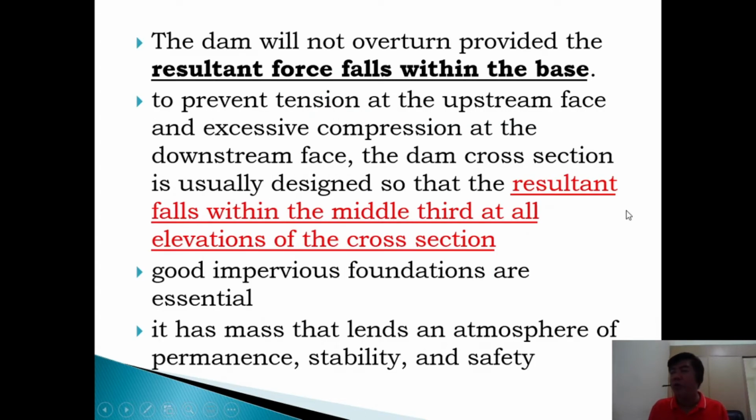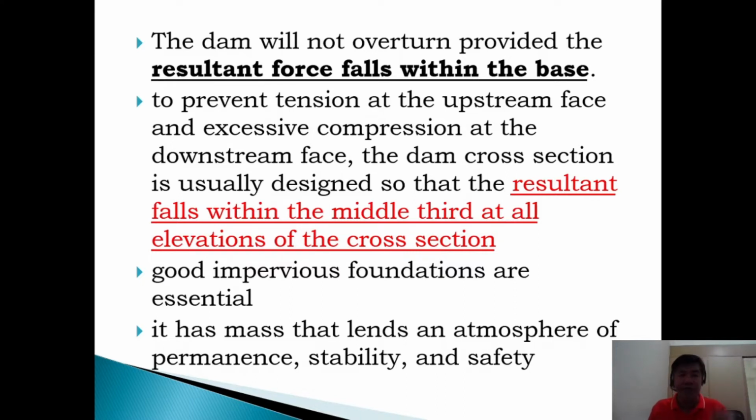So the dam will not overturn under this condition. We all know this from our hydraulic subject: the resultant force shall fall within the base. Of course, it would be safe unless the resultant is found outside the base of the dam.